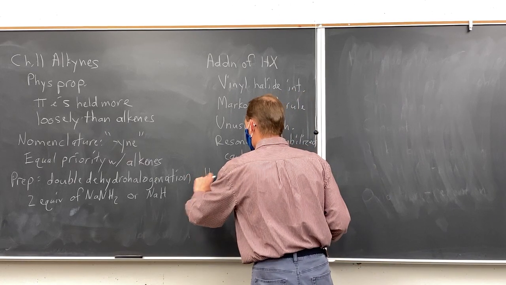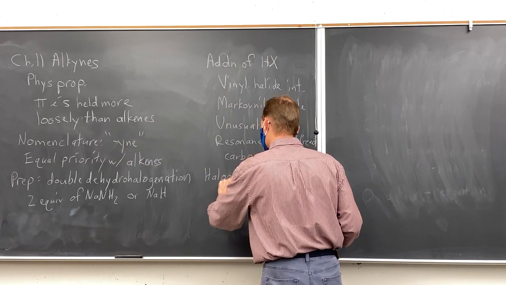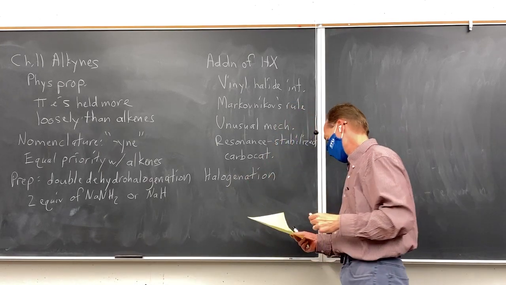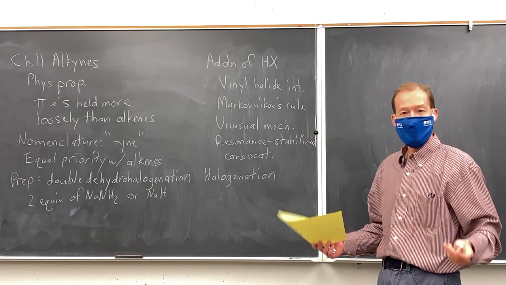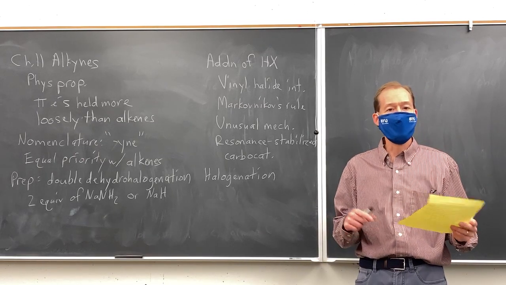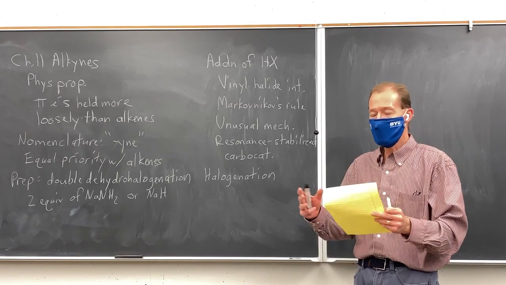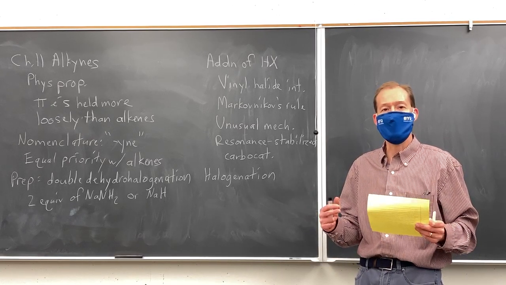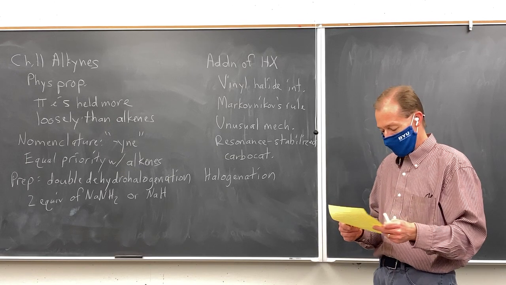So we also have a halogenation reaction of alkynes. If we add 2 equivalents of chlorine or bromine to an alkyne, we're going to generate a tetrahalide product with 2 halogens on the adjacent carbons.